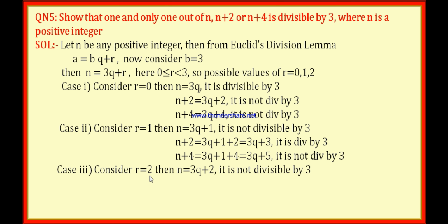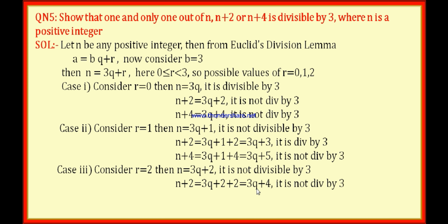And the third case means the third value of r, that is 2. Consider r is equal to 2. Then n is equal to 3q plus 2. Now if you verify, 3q is divisible by 3 but 2 is not divisible by 3. Therefore in total this n value is not divisible by 3. Then the second value, n plus 2, means 3q plus 2 plus 2, which is 3q plus 4.